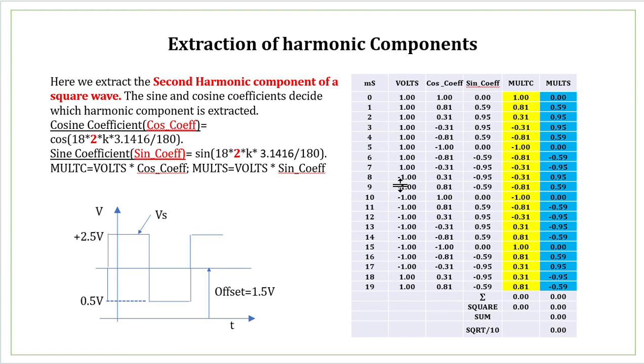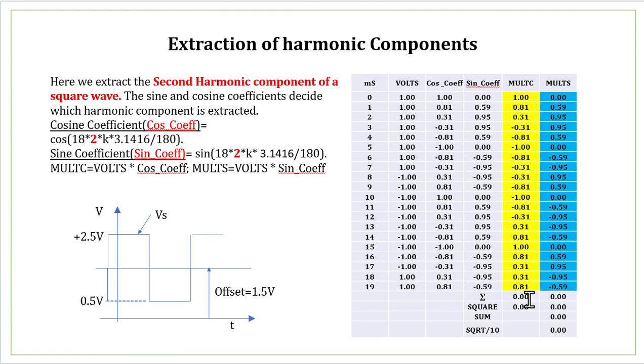So once again we get volts as before. Then we perform mult C and mult S and arrive at this. When we perform this summation, that sum comes out to be 0. You will be wondering why you have so many numbers and why it adds up to 0, because it cannot have a second harmonic.